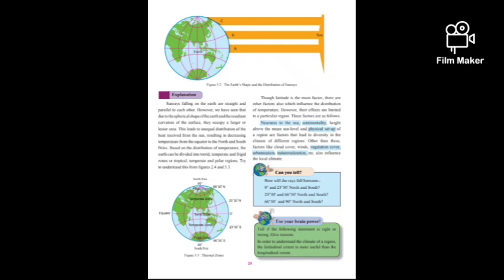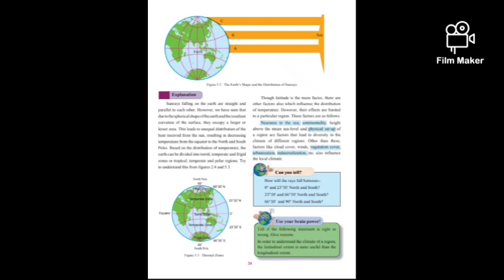Now see figure 5.3, page number 24. These are the different thermal zones. At the center, 0 degree, we had learned about the torrid zone and temperate zone in our previous lessons. Now in this lesson we are learning about temperature. So let us see the extent of temperature on the earth's surface. At the center, that is the equator, it is the torrid zone.